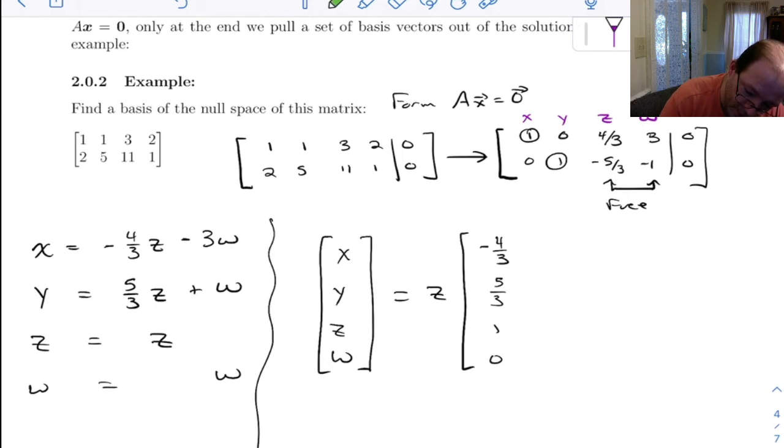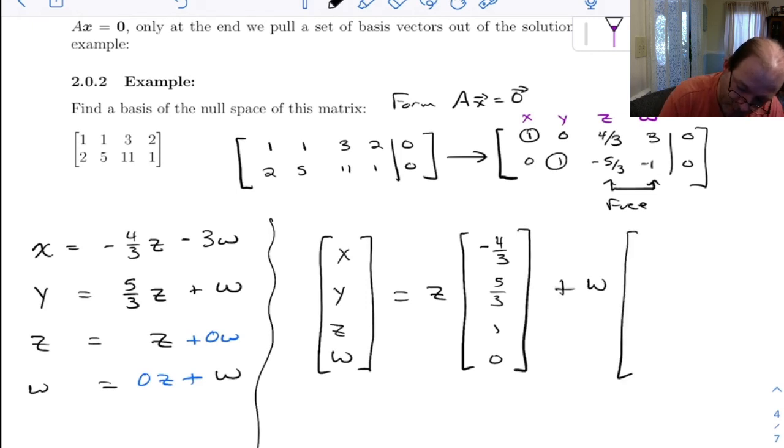That's coming from over here. You can write this in as z plus 0w and then 0z plus w. So I'm really just pulling these coefficients out. Plus w times negative 3, 1, 0, 1.